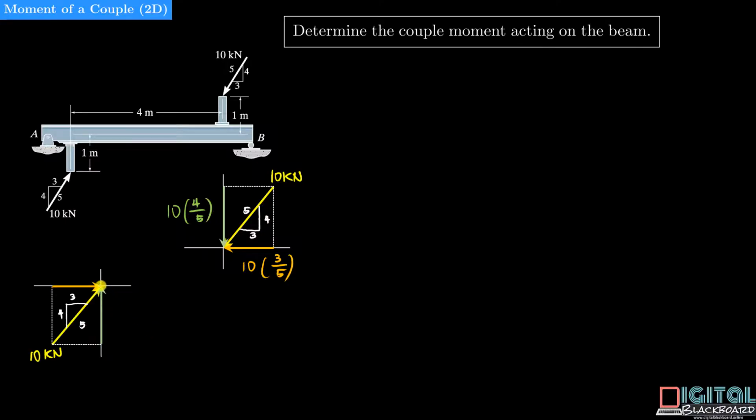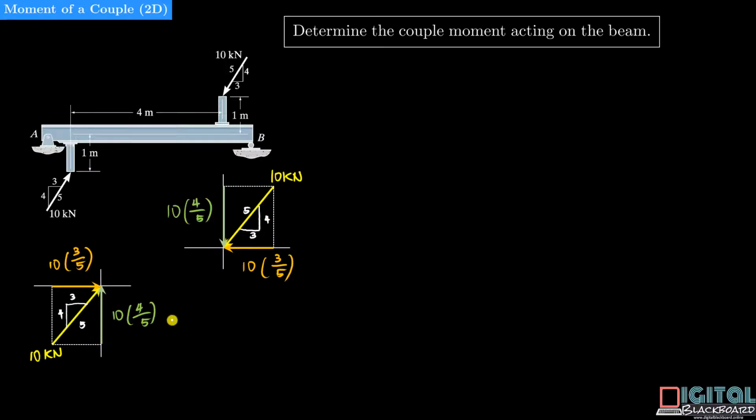Shown here is the 10 kN force at the bottom resolved into both the horizontal and vertical green component. The magnitude of the horizontal orange color component is 10 multiplied by 3 over 5, and the magnitude of the vertical green component is 10 multiplied by 4 over 5.